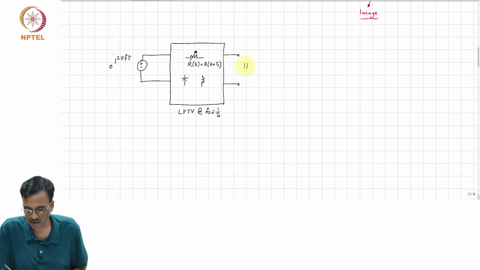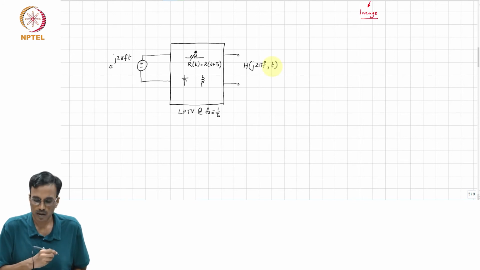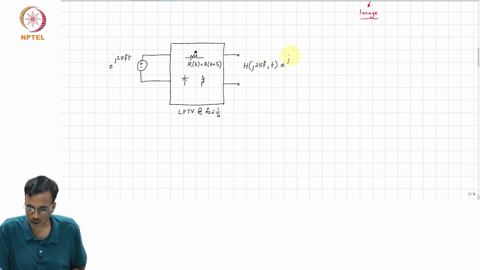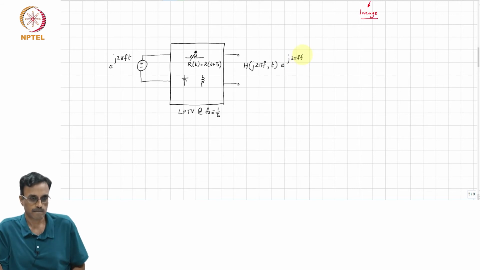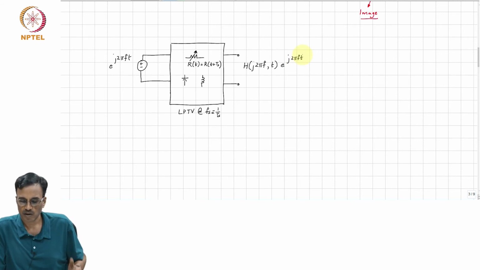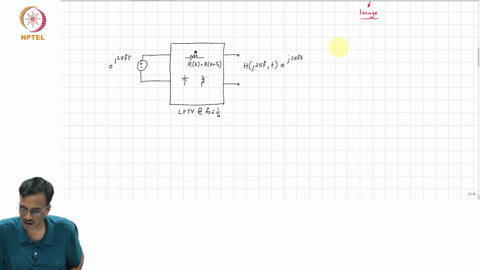Let us call the gain h of j 2 pi f comma t, times e to the j 2 pi f t.